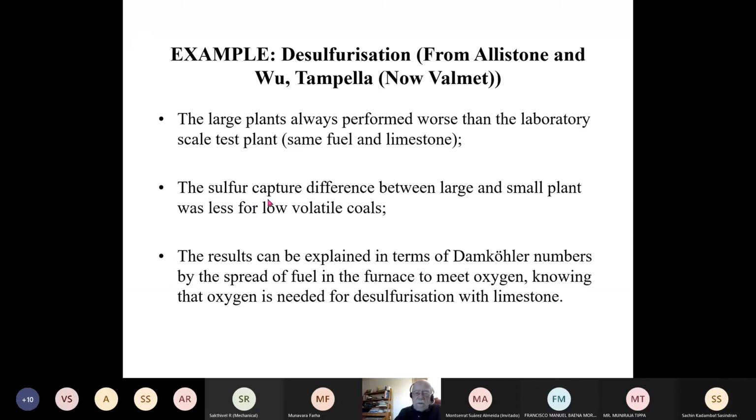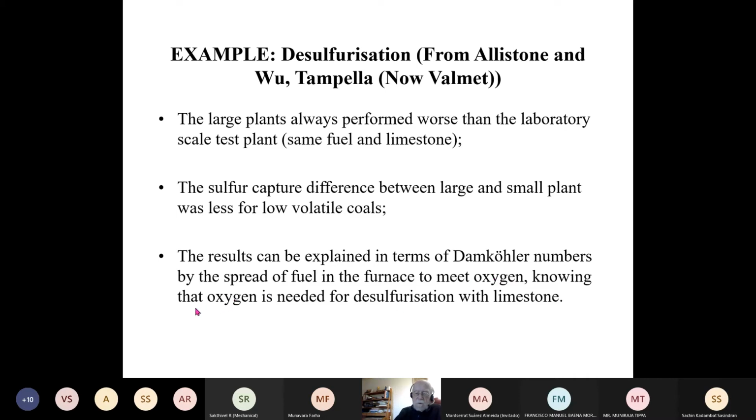This difference was less for low volatile coals. That was their general experience. And I think the result can be explained in terms of the Damköhler numbers, by the spread of the fuel in the furnace to meet oxygen.